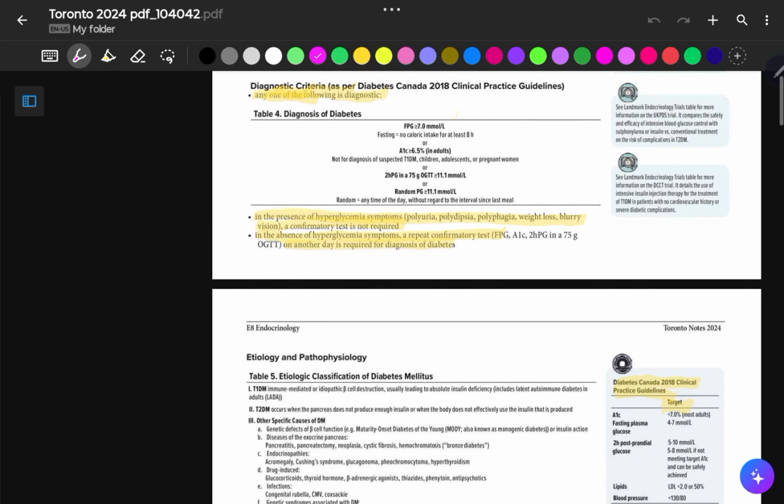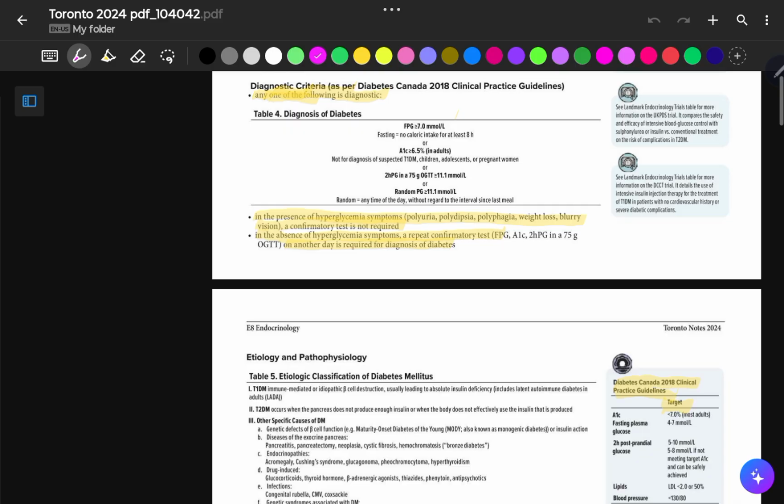Now, in the presence of hyperglycemia symptoms: if the patient has presented to you with hyperglycemic symptoms, what are those? Polyuria, polydipsia, polyphagia, weight loss, blurry vision. A confirmatory test is not required. In the absence of hyperglycemic symptoms, a repeat confirmatory test on another day is required for the diagnosis of diabetes.